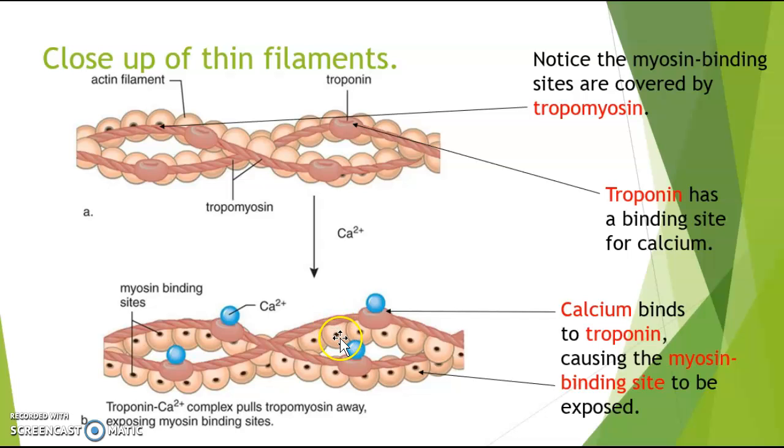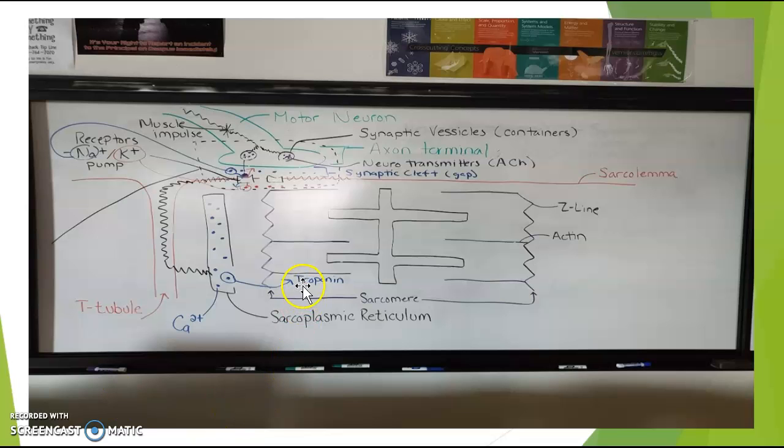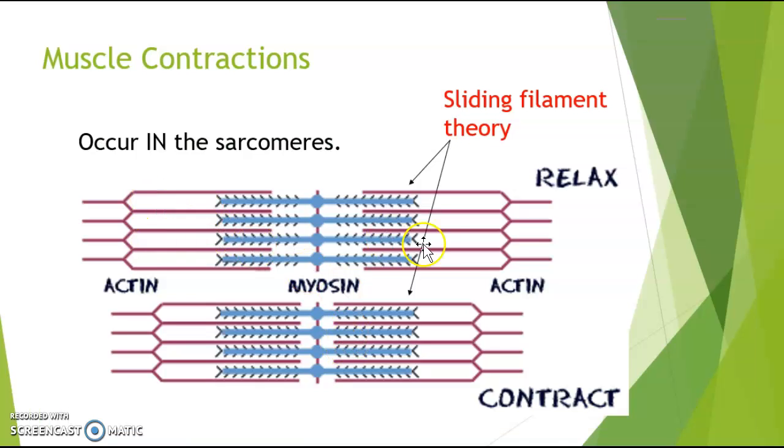It would reveal the binding sites on actin, and that would allow the myosin to grab onto the actin, causing the actin to slide this way and slide that way. In essence, that would cause this contraction here that we spoke of previously to occur.